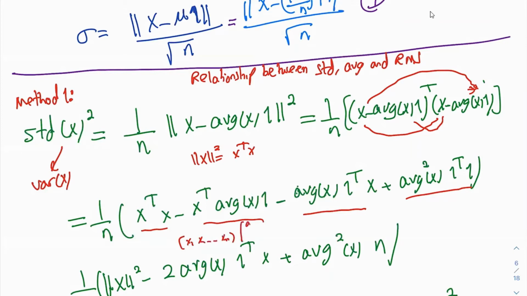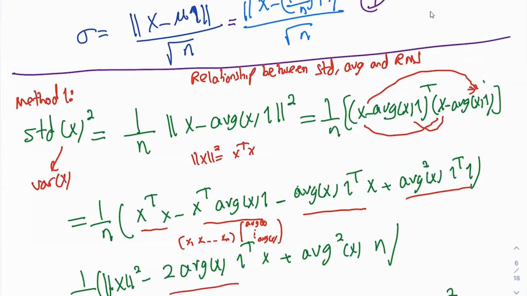And this one is gonna be average of x. Right? So the result is gonna be a scalar. The same thing for this. So in a sense, these two are the same. How can you say that? See, x transpose times 1 vector is the same as 1 transpose times x. We have seen this: a transpose times b is equal to b transpose times a. And average of x is just a scalar. Doesn't really matter. So these two terms are the same.